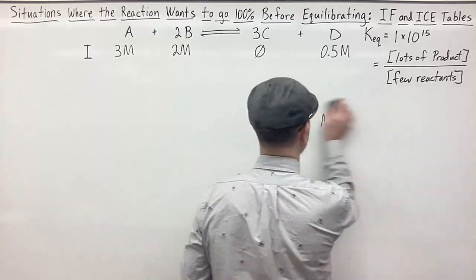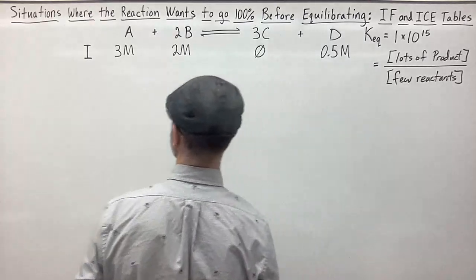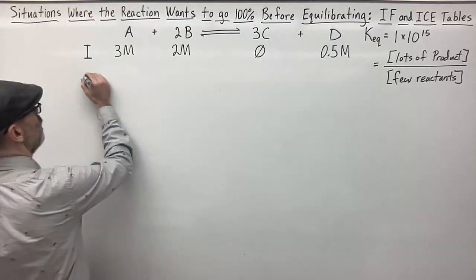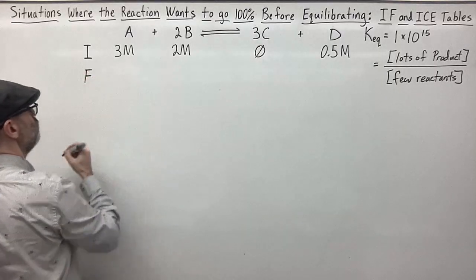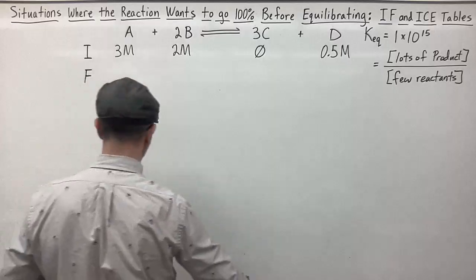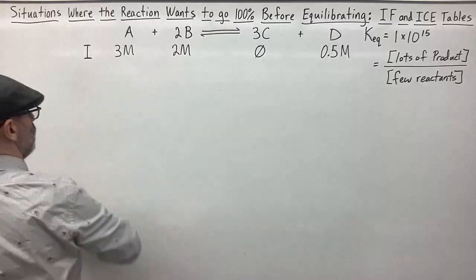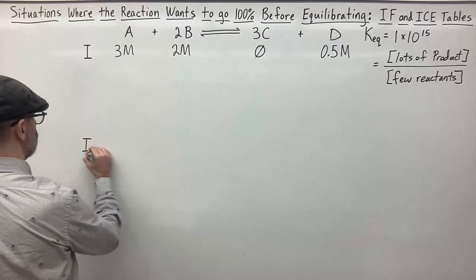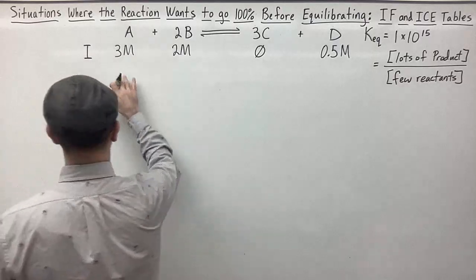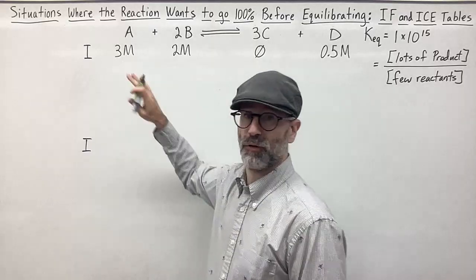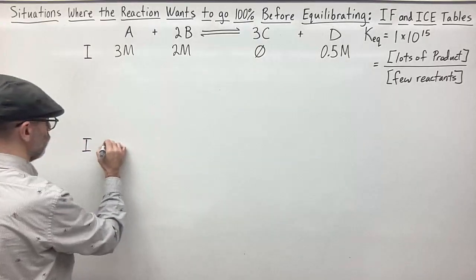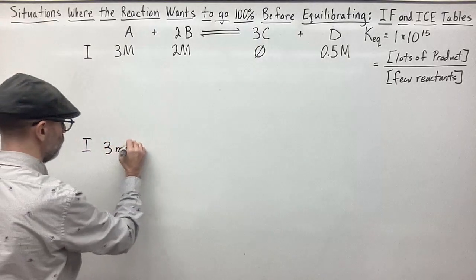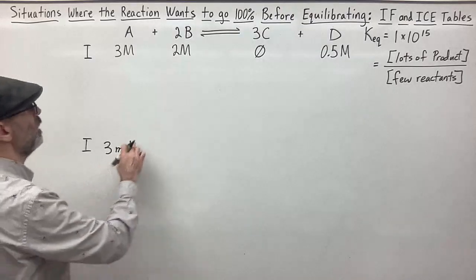Okay, so enough talk, more action. Let's do our ICE table. So in this case, let me do the ICE table down here first. For A, I'm going to have 3 moles initially.